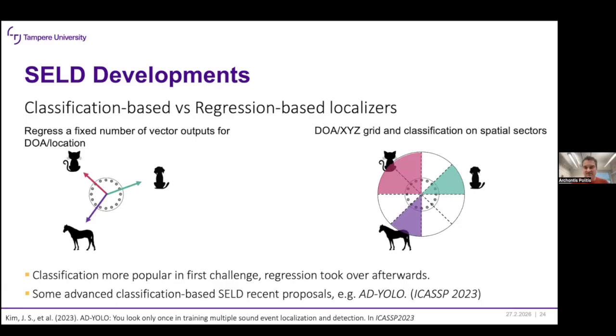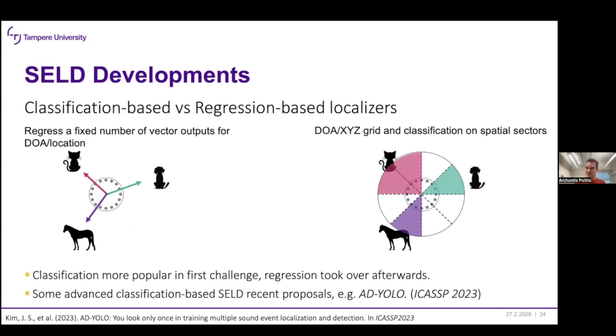Then another development was this distinction between classification-based SELD and regression-based SELD. In the regression, we have to decide on a fixed number of vector outputs that we try to track. That can be either one per class or even more per class.